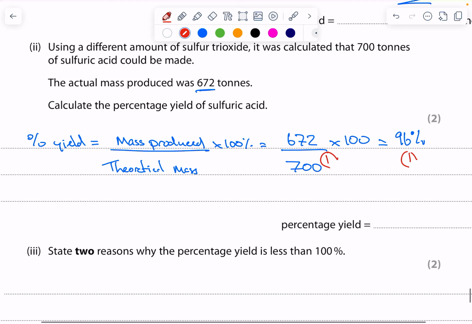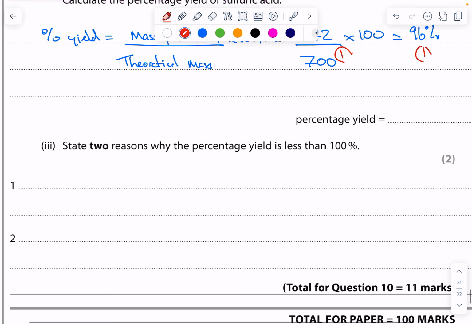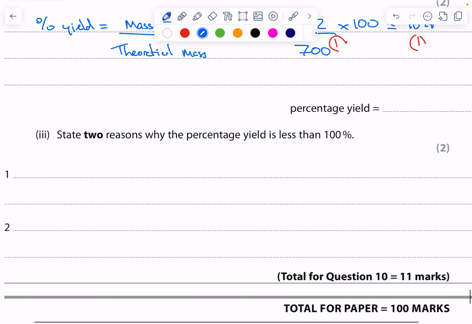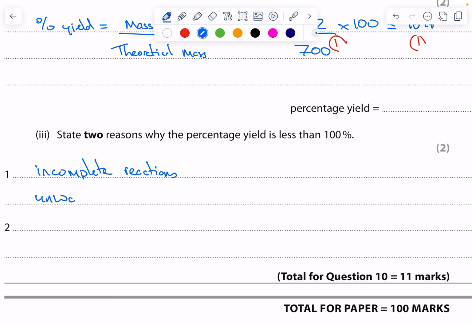And the last question, you always tend to get this question whenever you get a percentage yield. It says give reasons why this is less than 100. I'm going to give you 3 reasons because there are 3, but you only have to put 2 in your answer. Incomplete reactions is fine. You could also say you get unwanted side reactions.